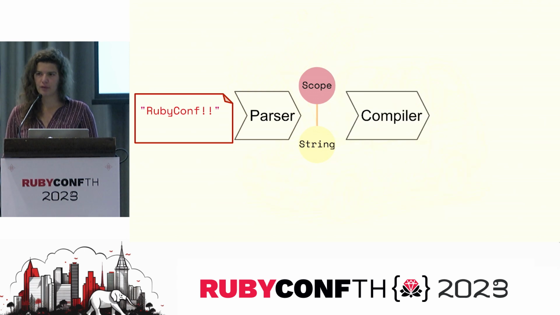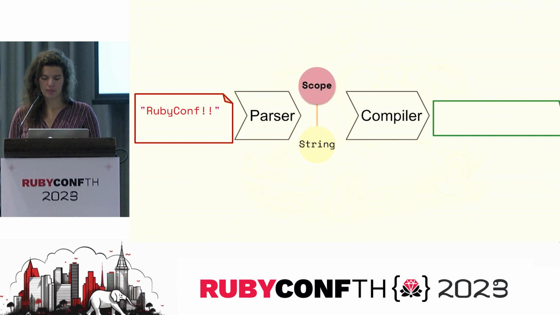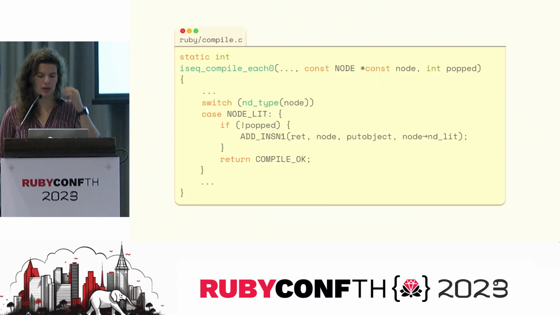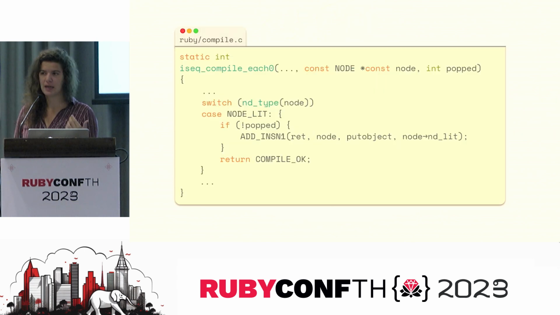If we run that through the compiler, we're indeed going to get some bytecode. As I said, the compiler starts at the top and iterates over. So the way it runs through the scope node is it's going to execute anything below and then give us a leave instruction to say, hey, get out of here, return. As it goes to the string node, it's calling this IC compile each. The node I have here in this example is a node lit, which is a literal node, something like a number or a symbol.